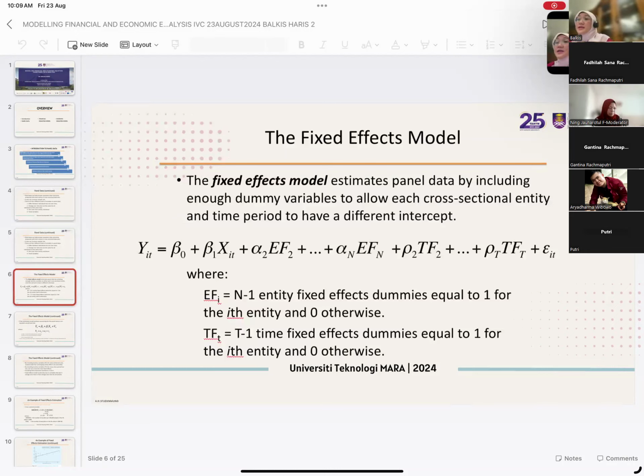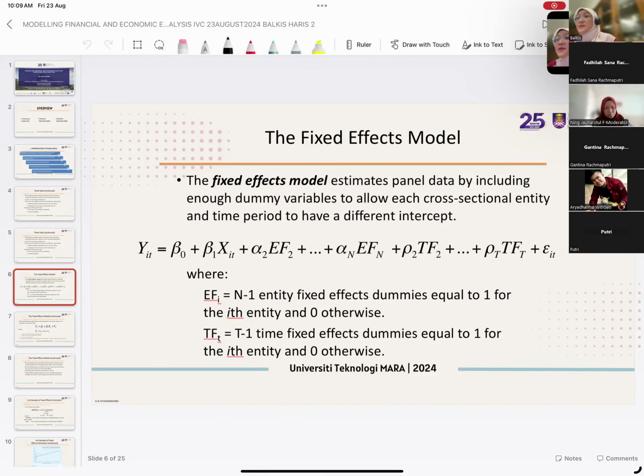In panel data, we have fixed effects and random effects. What is meant by fixed effect models? The fixed effects model estimates the panel data by including enough dummy variables to allow each cross-sectional entity and time period to have a different intercept. Here TF is for time fixed effects, and EF is the entity fixed effects.